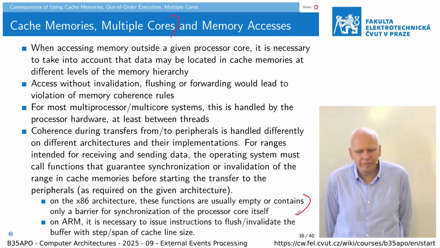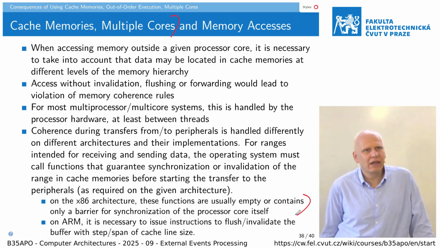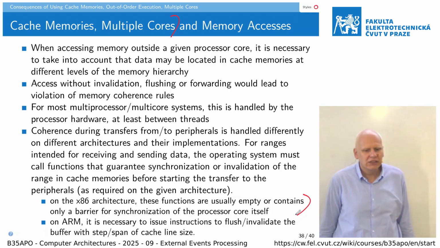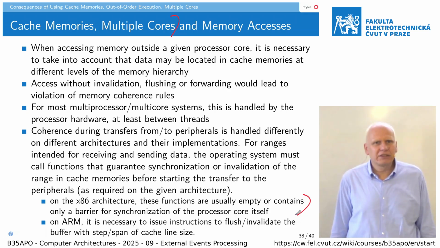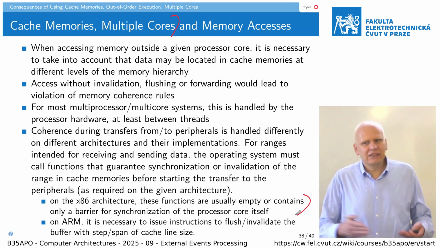Because when you want to enhance the speed and you can integrate a larger memory on the chip, which is possible today, then the only option to make it fast enough is to add a cache. But at the moment when there are caches, there is the trouble that the data in the cache can be different than in the memory.